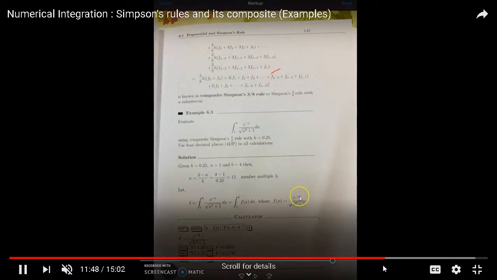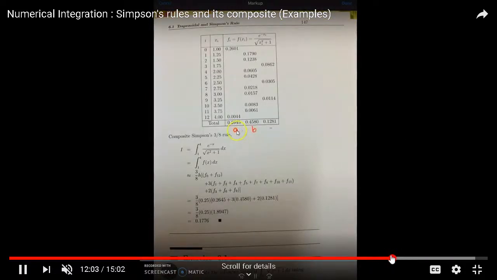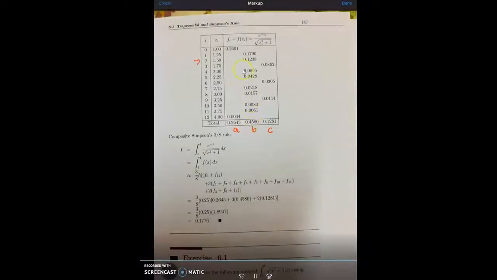Now let's go to column C. This is the column that I want you to create. There are 3 columns: F0 plus F12, then all the values which are not multiples of 3, and then the last is the multiples of 3, for example F3, F6, and F9. Do a summation with these 3 columns.